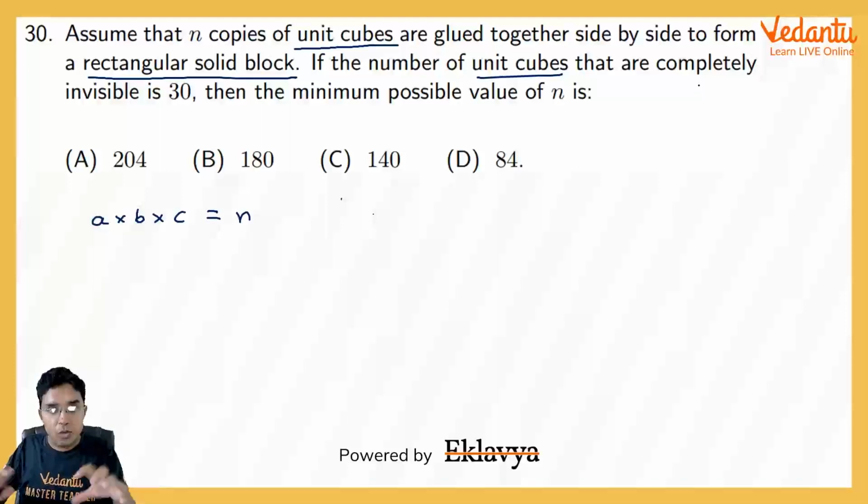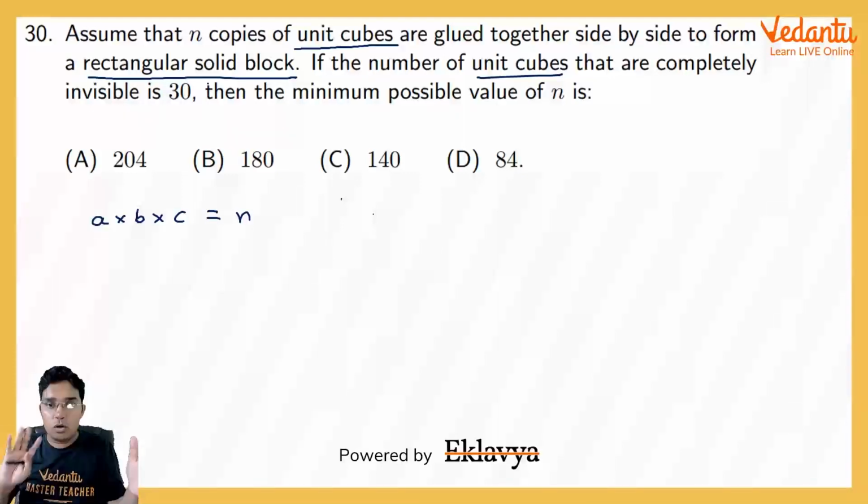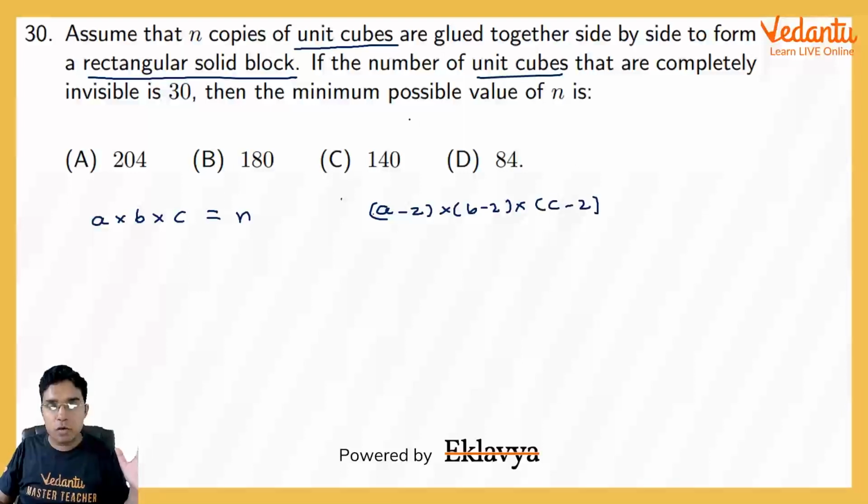Please understand, if I look from outside this rectangular solid block, from all 6 sides, we will not be able to see those cubes which are one layer below from any of the sides. So if I remove one layer from all 6 sides, what will remain is a rectangular solid block of dimensions A minus 2, B minus 2 and C minus 2, and this is something that will not be visible.